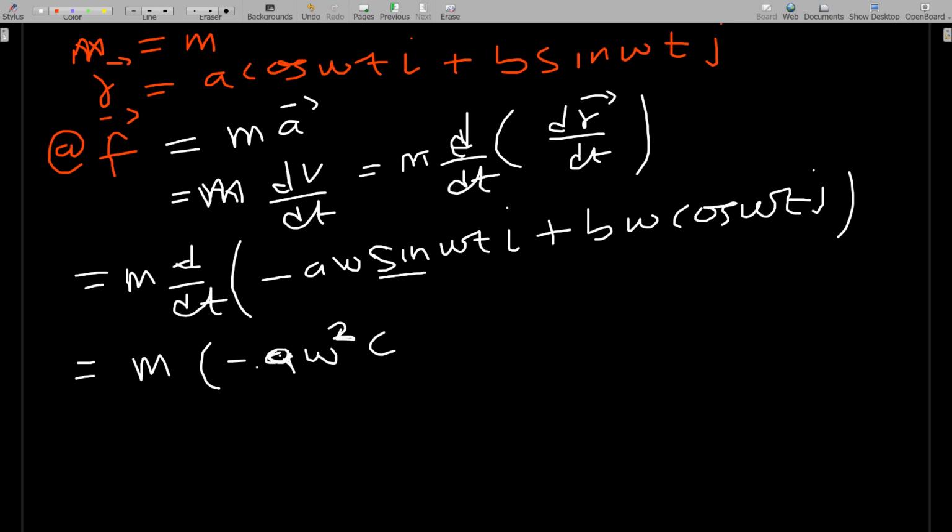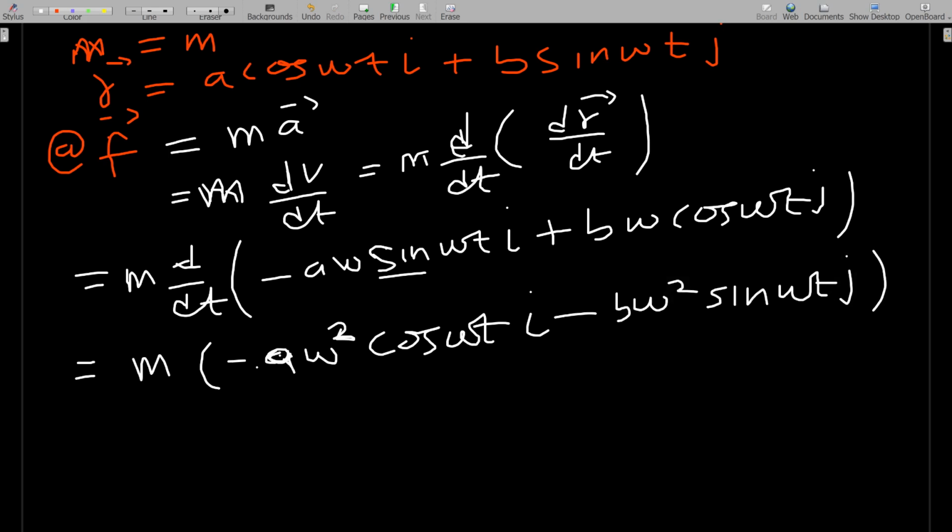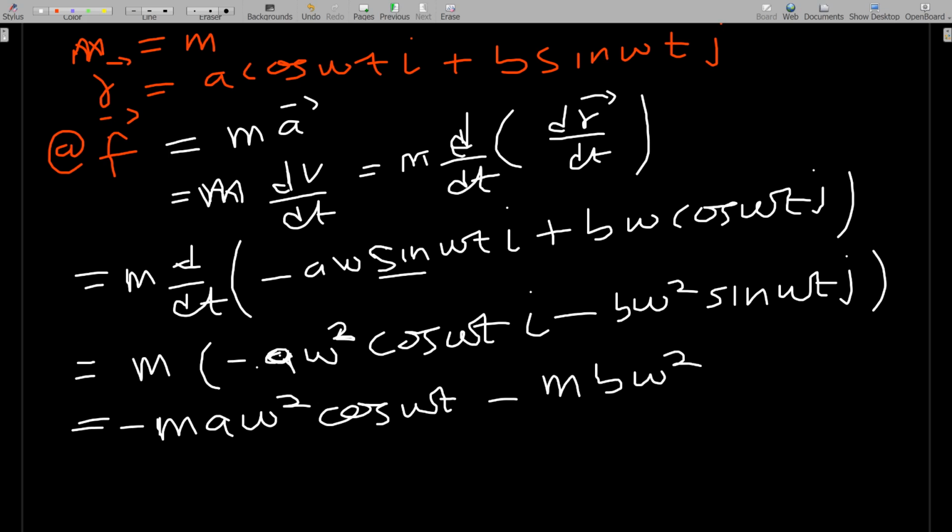Then cos omega t i plus, when you differentiate cos, you get minus, so I have minus b omega squared sine omega t j. So this is my force: minus m a omega squared cos omega t i minus m b omega squared sine omega t j.